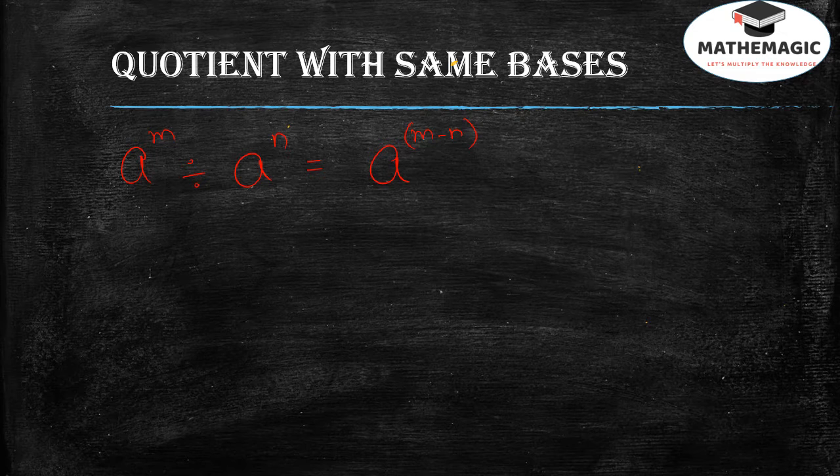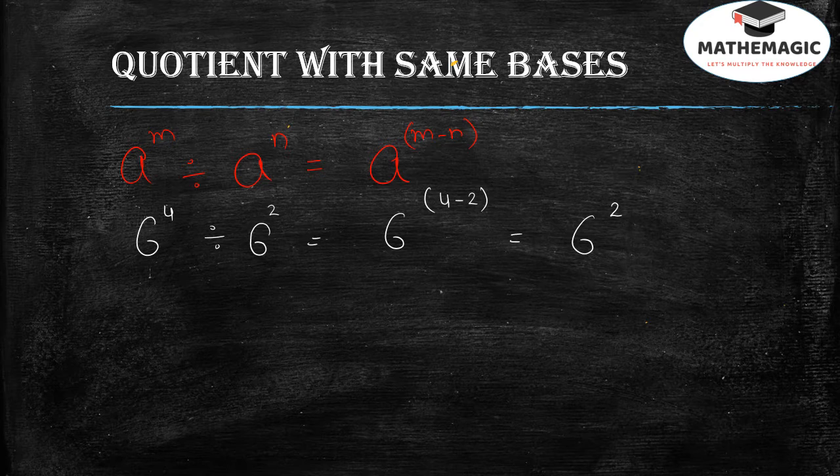Let us see an example. 6 raised to the power 4 divided by 6 raised to the power 2 is equal to 6 raised to the power 4 minus 2, that is 6 raised to the power 2.